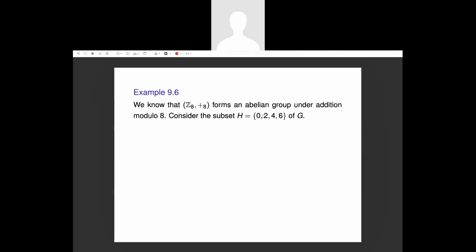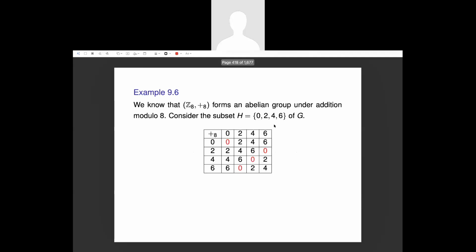H is clearly non-empty, so one condition of the theorem is satisfied. Second, we have to check any two elements, so we draw the Cayley table for this set H. You can see that every element of the table is an element of the set H. So H is clearly closed under addition modulo 8.